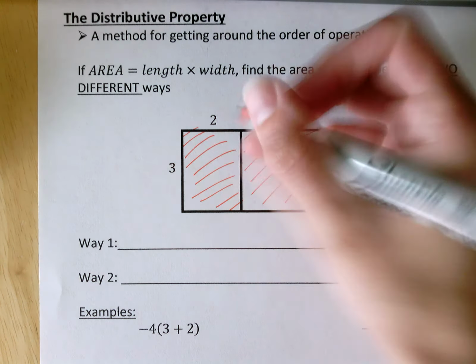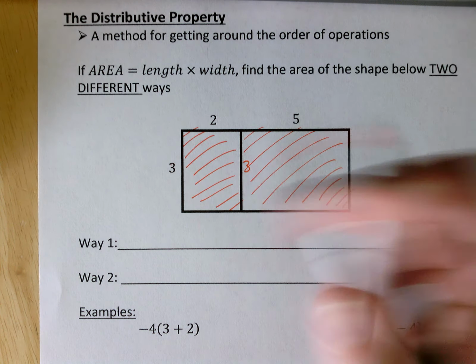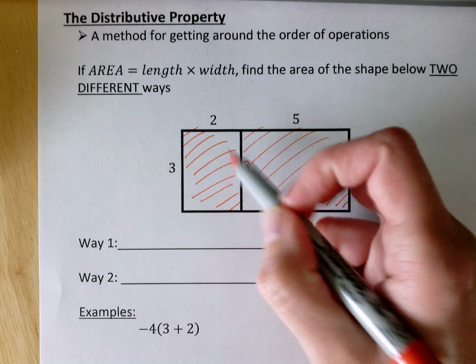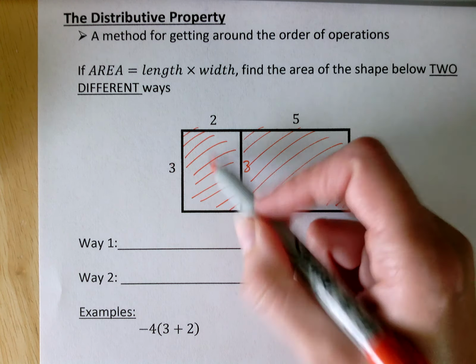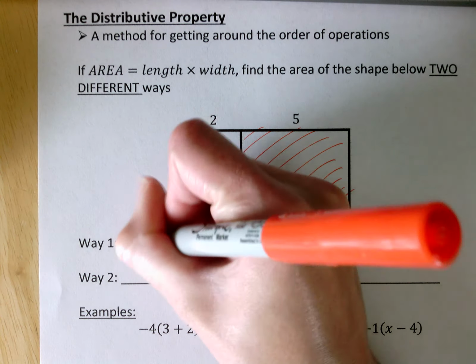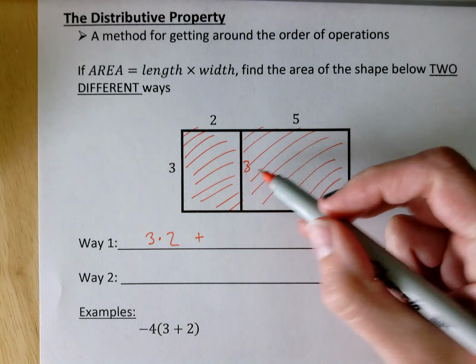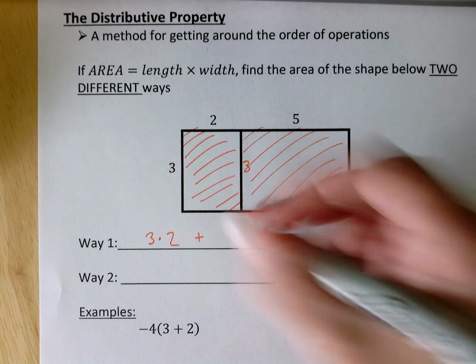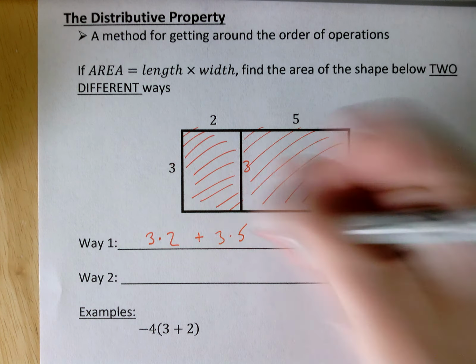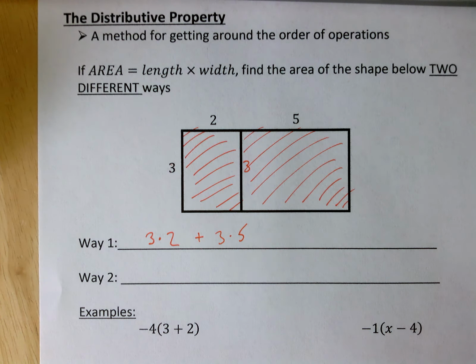Because I know if this is 3, then so is this. So I could say the area is 3 times 2, and then add to that the area of the second box, which is 3 times 5. So that's one way that we could calculate the area.